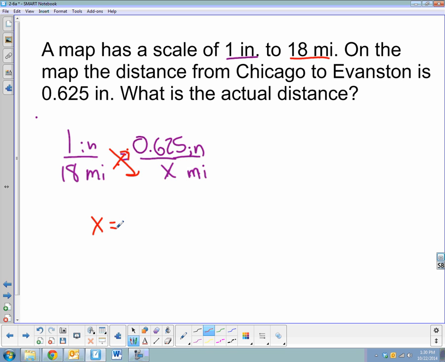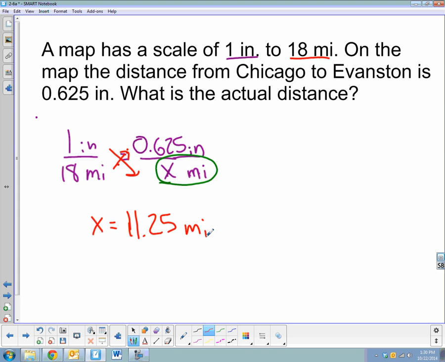And if I do 18 times 0.625, and again, I'm using a calculator, I'm assuming that you're probably going to use a calculator as well, 11.25. It wouldn't be 11.25 inches. We've already got the label here, x miles, which means we do need to label our answer 11.25 miles.